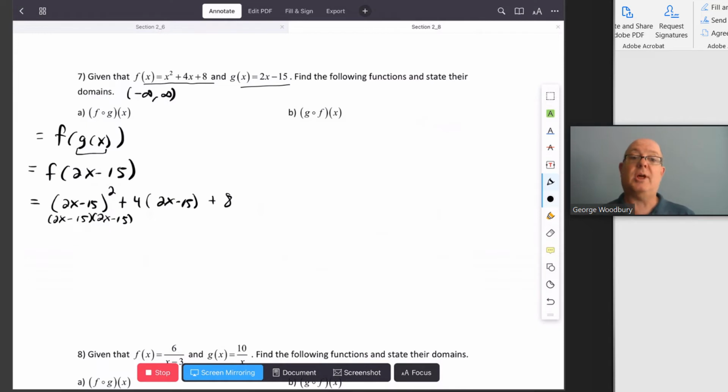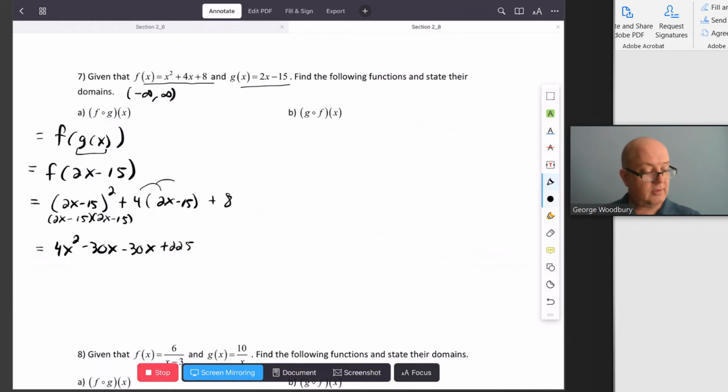And we multiply that by distributing, so I'm going to do that. 2x times 2x, that's 4x squared. 2x times negative 15, that's minus 30x. Negative 15 times 2x is also minus 30x. Negative 15 times negative 15 is 225, positive.